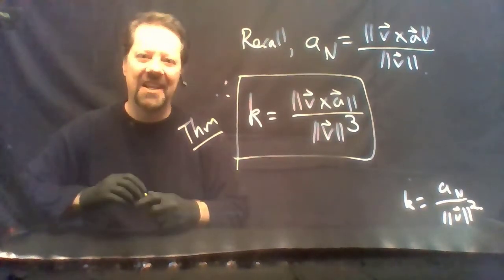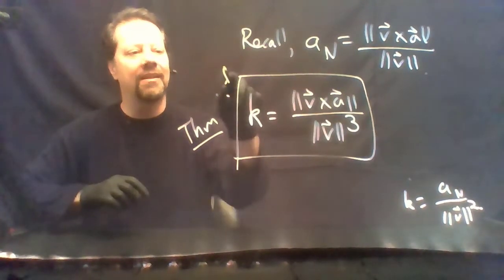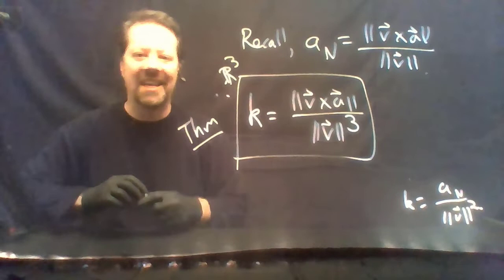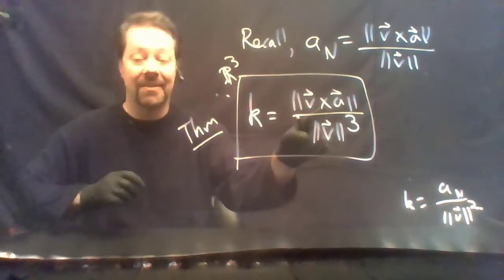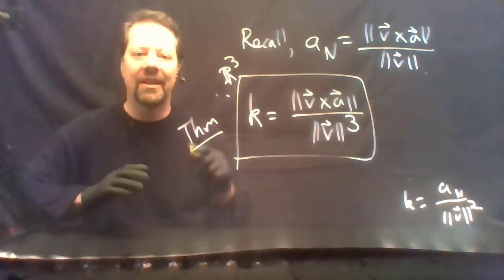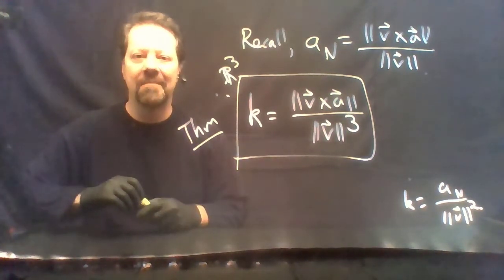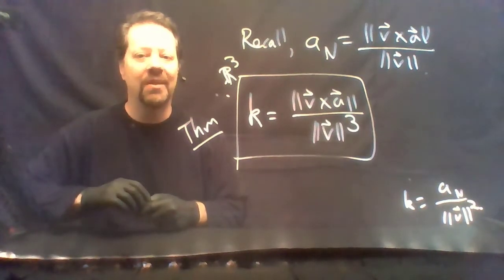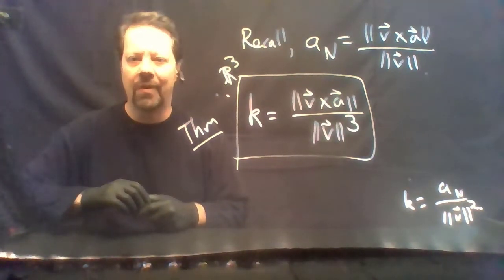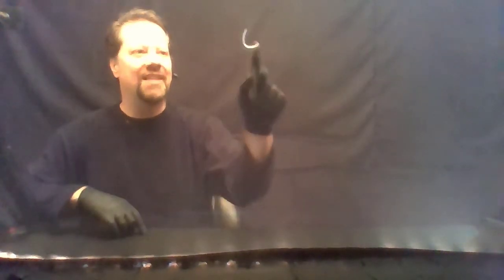That looks like a very easy formula for calculating the curvature of a curve, and this works in R3. R3 because we're dealing with a cross product. If the curve is in R2, we can always extend it to R3 by adding a zero coordinate at the end. So it can also work in R2, but it does not work in R4 because of the cross product. I want to give you an example.